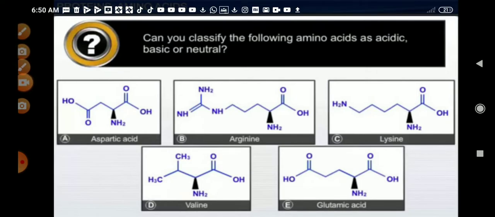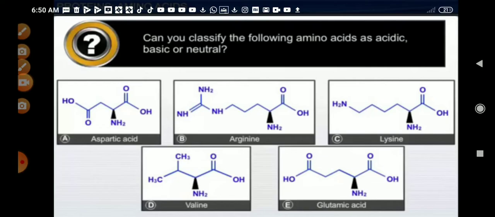So let us take some questions. Can you classify the following amino acids as acidic, basic or neutral? Some examples of amino acids are given here. How do you find out if one is acidic? If the molecule has a greater number of COOH than NH2, then it is acidic.